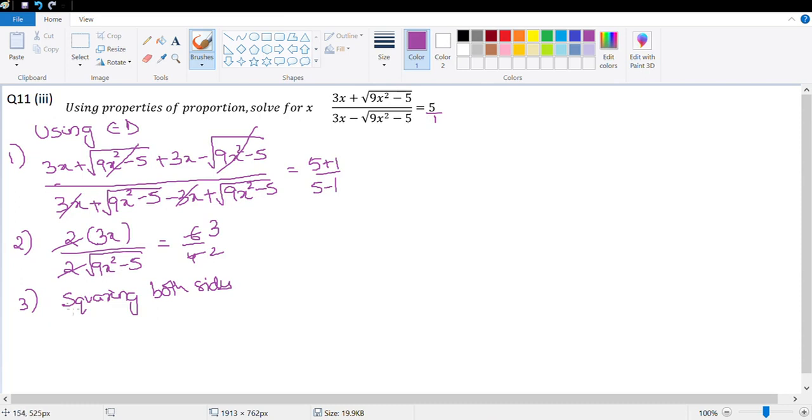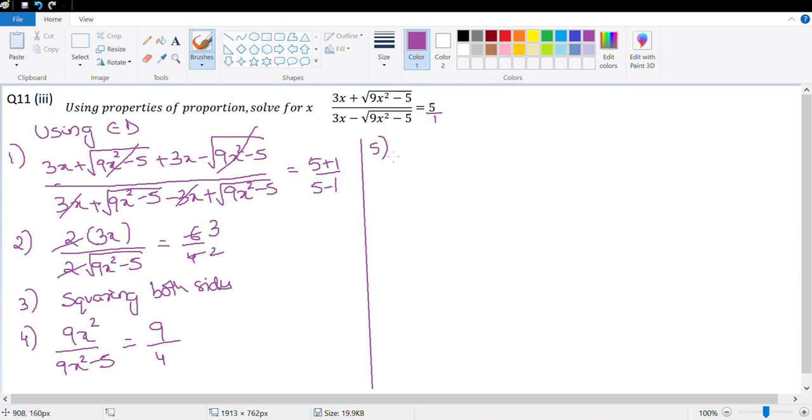Okay, so what we get is 9x square upon 9x square minus 5 is equal to 9 upon 4. Let me reconfirm. 3x whole square, that's 9x square. This is 9x square minus 5 is equal to 9. 3 whole square is 9 upon 4. Okay, I notice 9 is common, so I could remove 9, or let's go ahead and cross multiply.